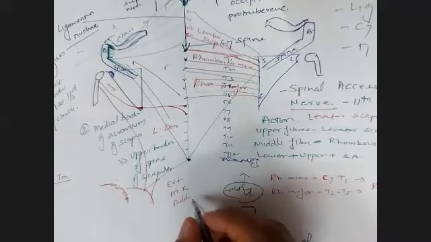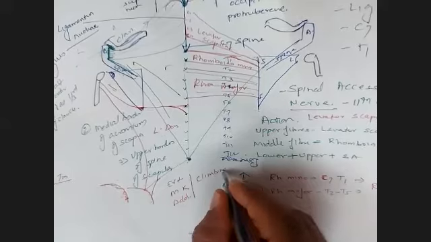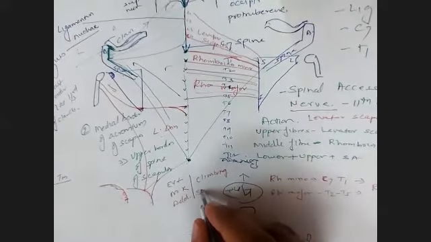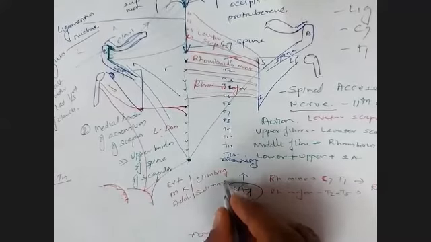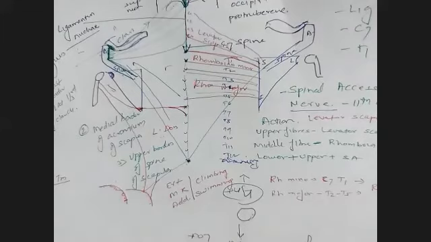Okay. This all is useful in climbing. So along with pectoralis major, we have one more muscle, latissimus dorsi, used for climbing. It is also used for swimming, so it is a swimming muscle. Till now we have seen pectoralis major is the climbing muscle, serratus anterior is the boxer's muscle, and now we have latissimus dorsi, the swimming muscle.